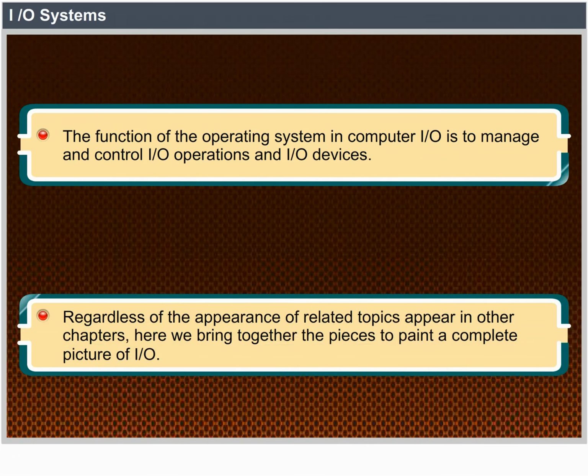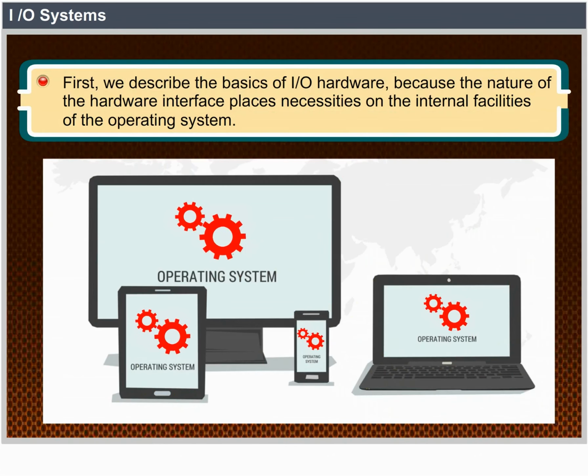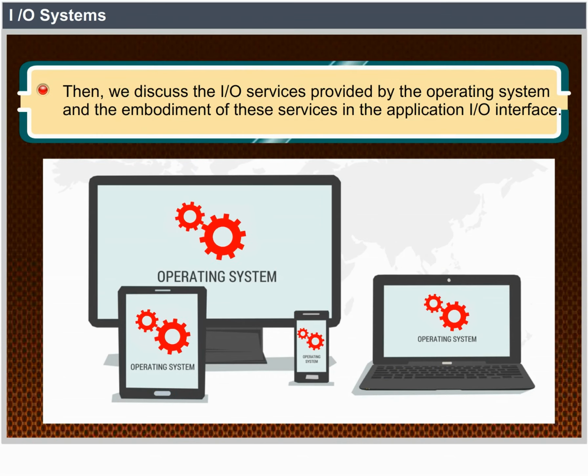First, we describe the basics of input-output hardware because the nature of the hardware interface places requirements on the internal facilities of the operating system. Next, we discuss the input-output services provided by the operating system and the embodiment of these services in the application input-output interface.